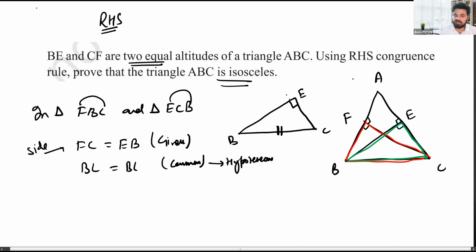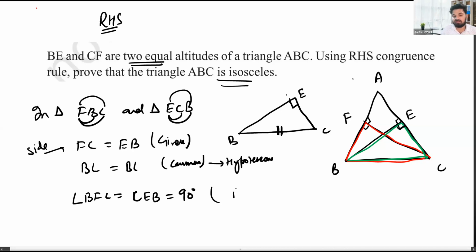So this angle is actually equal to this angle. It is given to you that these are altitudes. So you will write here that angle BFC is equal to angle CEB is equal to 90 degrees. This is 90 degree.